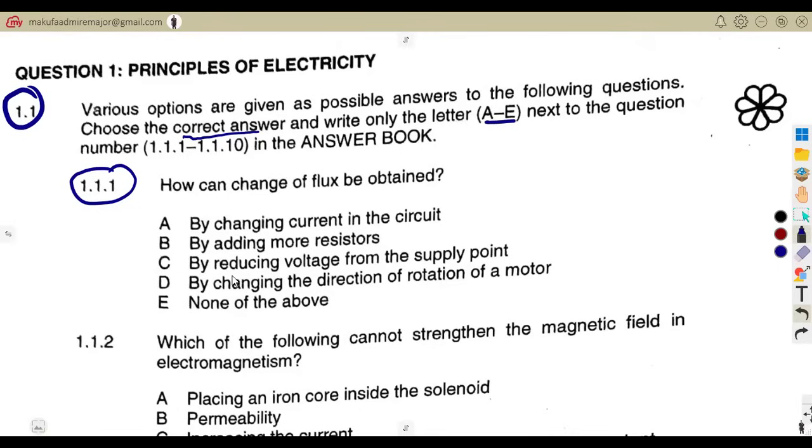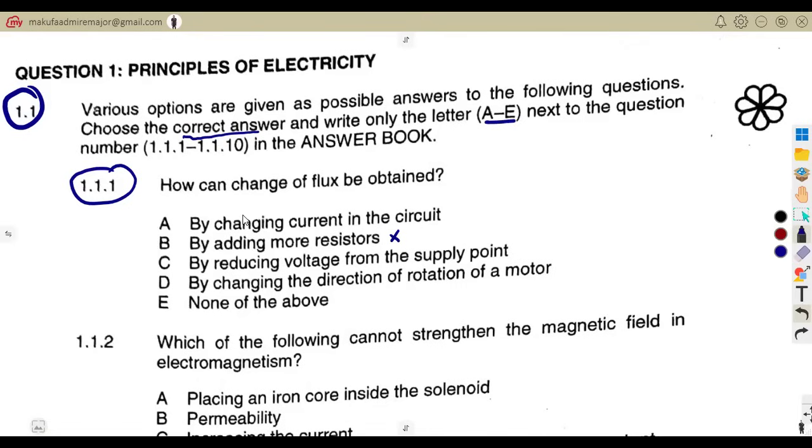Or none of the above? If we consider flux, we can't be talking of adding more resistors, guys, flux and resistors. We are talking of maybe current.